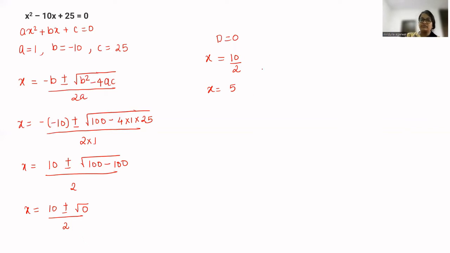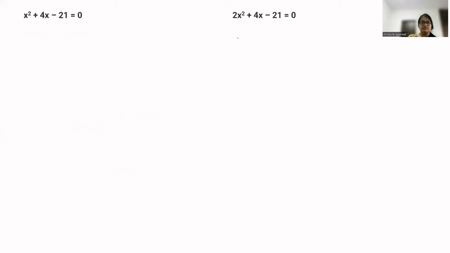Okay, now we'll look at another case. We'll compare with the same form, ax squared plus bx plus c equals 0. So we have a equals 1, b equals 4 and c equals, consider the sign as well, minus 21.